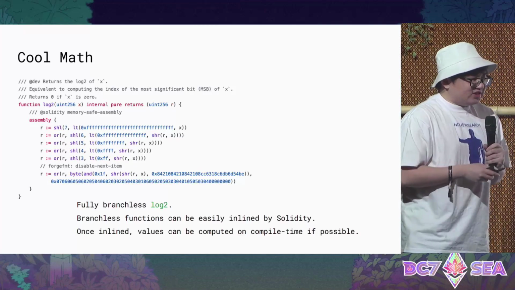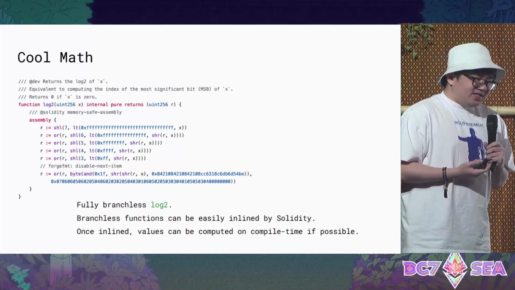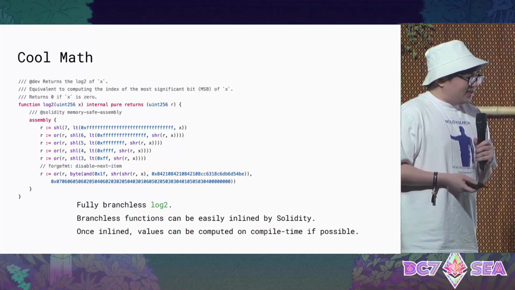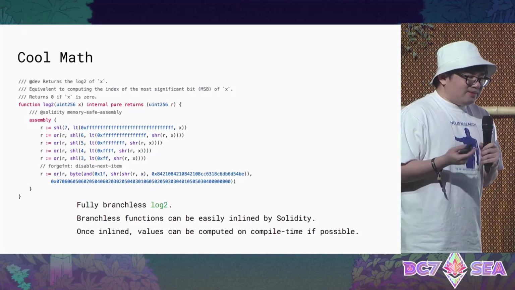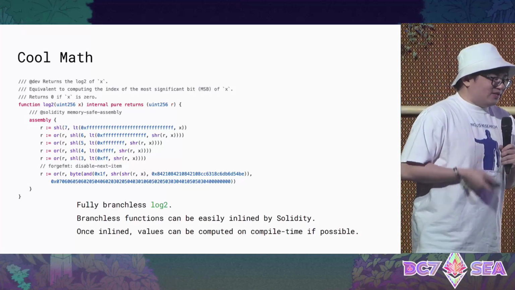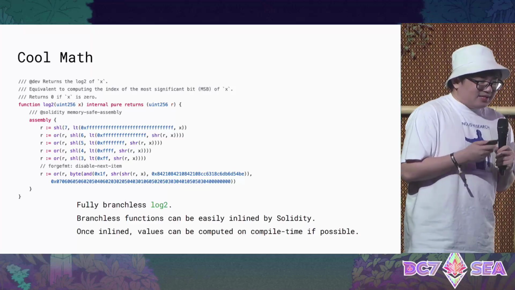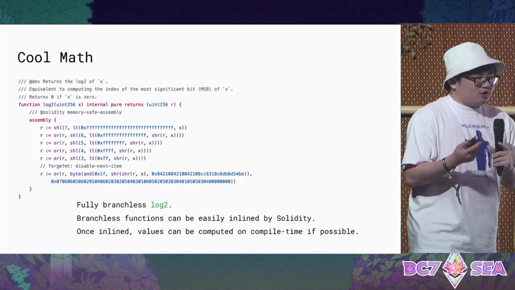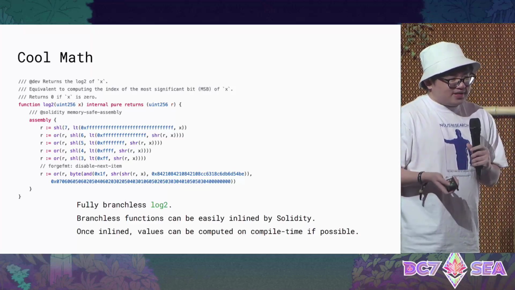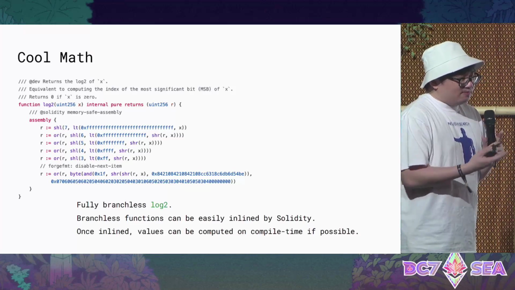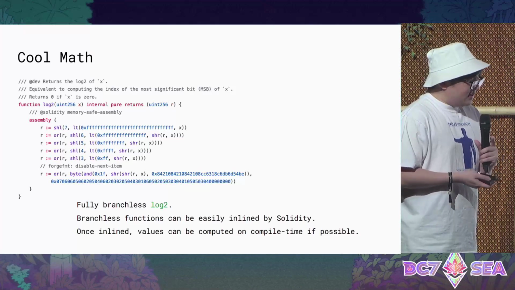If it has branches, then the function is likely not to be inlined with the via-IR pipeline. And if you use the legacy pipeline, it will definitely not be inlined. So by writing stuff in Inline-Assembly, we help the compiler produce more efficient bytecode by telling the compiler that this function is inlineable.